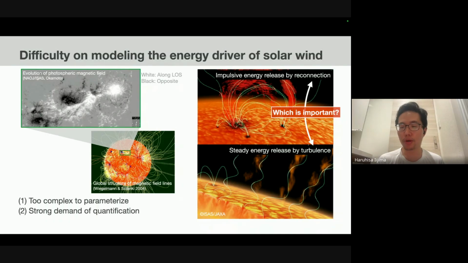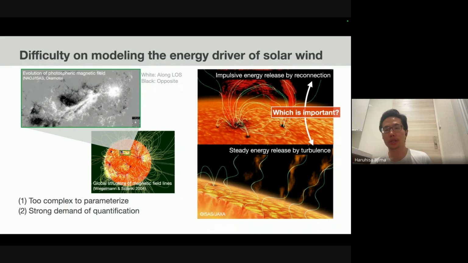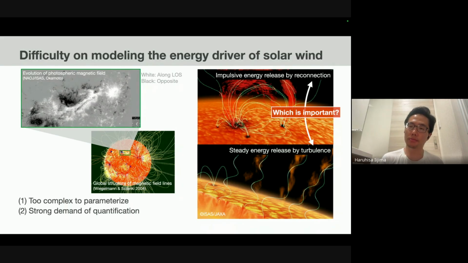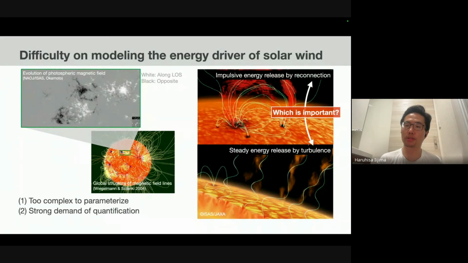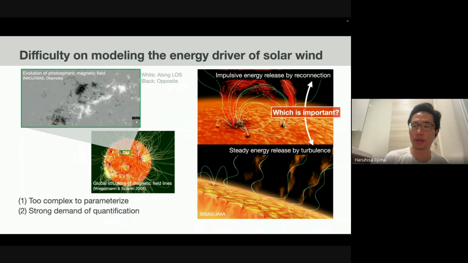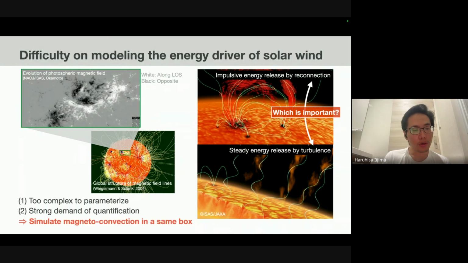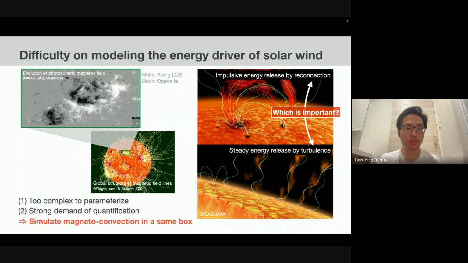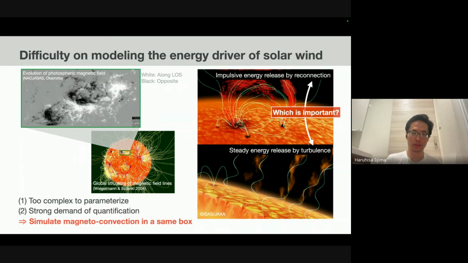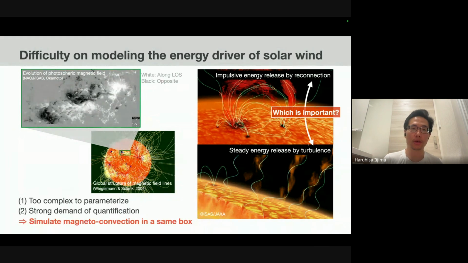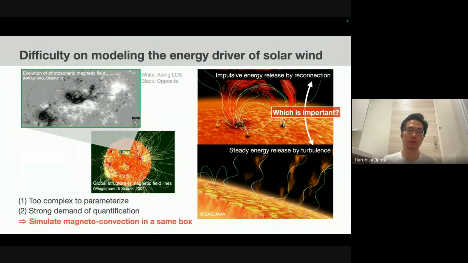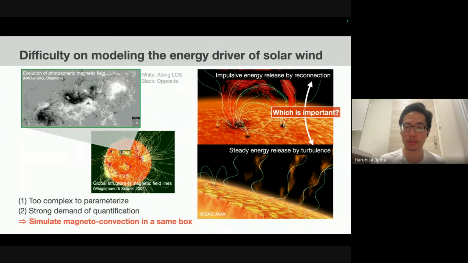For example, one famous categorization is the impulsive energy release by magnetic reconnection and the steady energy release by turbulence, which is important. So we decided to simulate the magnetic convection on the solar surface in a semi-numerical box so that the energy input becomes very realistic.